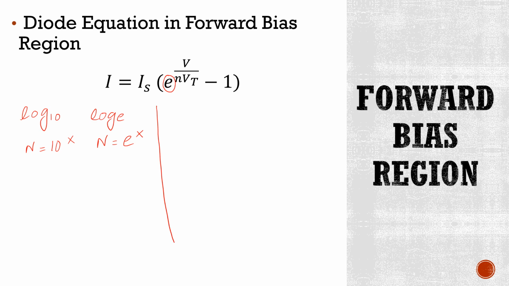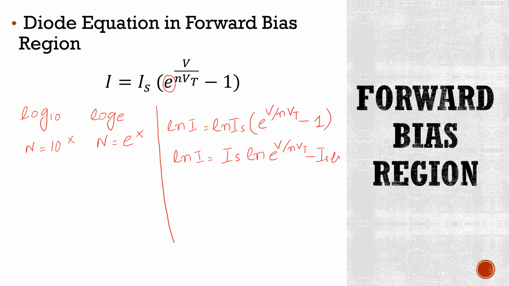So, after applying natural log on both sides of this equation, you will get ln I is equal to ln Is e raised to the power V divided by nVt minus 1, or we can also write this equation as ln Is times e raised to the power V divided by nVt minus Is ln 1.